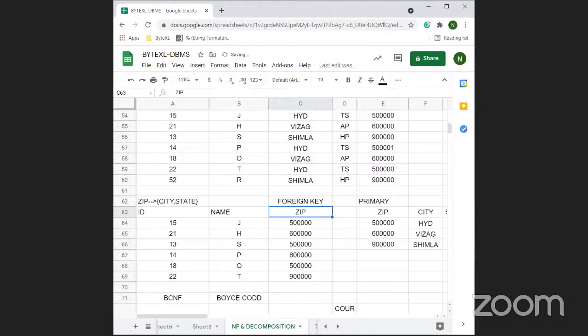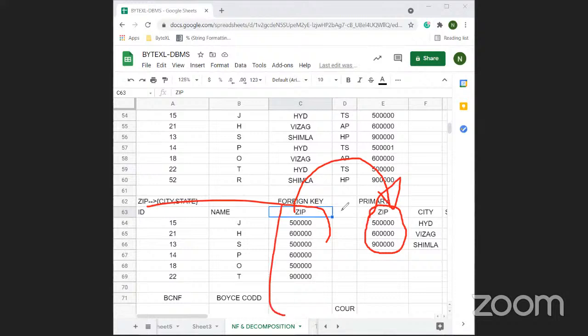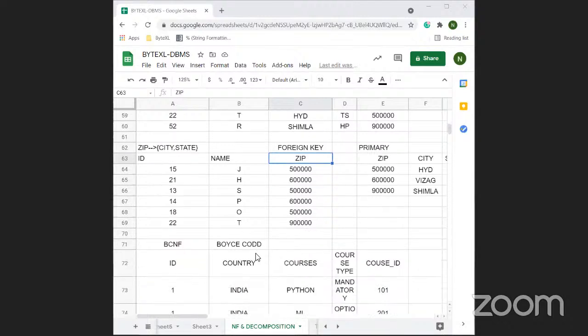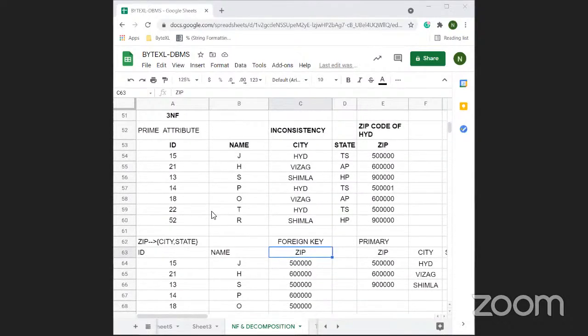It is enabling us a link to the other table. From this table, the link to the other table is created, and in the other table, this is the important value. This kind of keys are called foreign keys. If you want, you have to write foreign key while creating. So this is called third normal form.